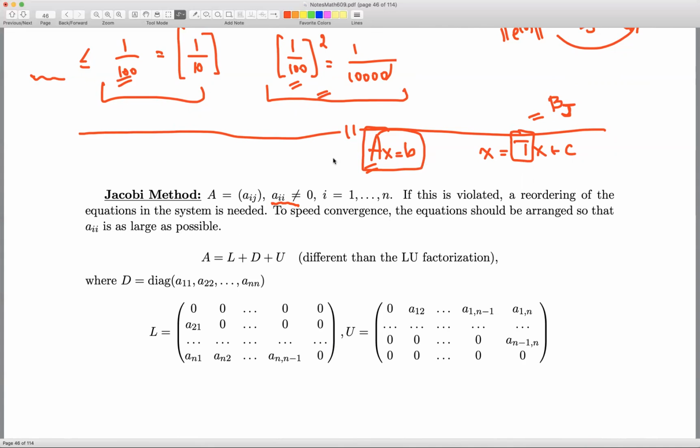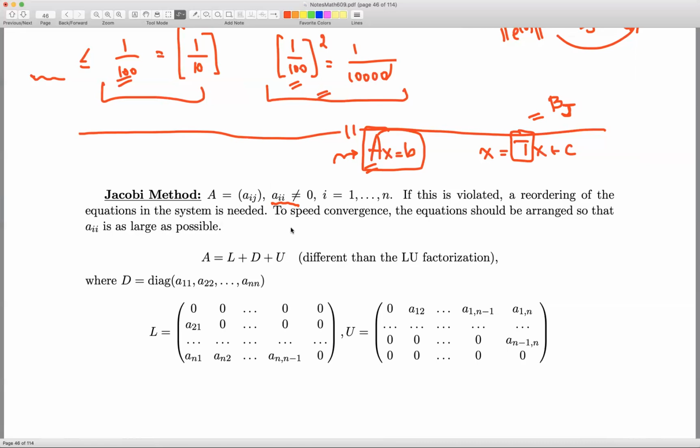It will only change the matrix A, since we are reordering the rows of this matrix. So when a system is given to you and you look at the diagonal elements, if you have a diagonal element that is equal to 0, you cannot directly apply the Jacobi method. You have to reorder that system first.